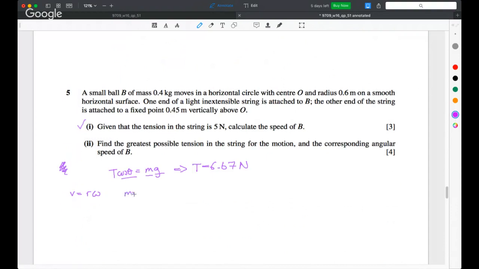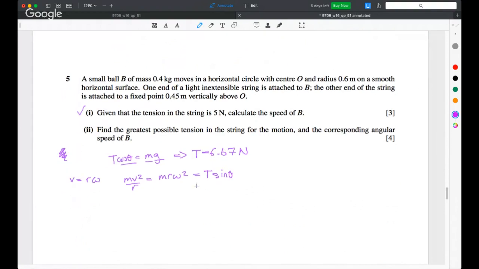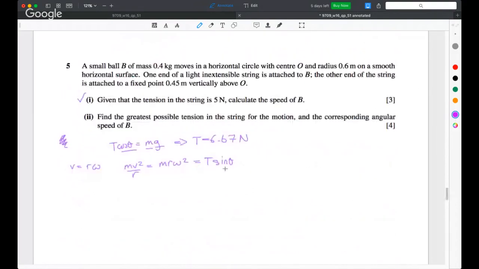So we go back to mv squared over r, which is equal to mr omega squared, just plugging that in. And this again is equal to T sine theta, because the speed in the circle is controlled by the horizontal aspect. And now we know sine theta, we know T, this T, we just found it. We know r, we know m, and that's how we get omega.